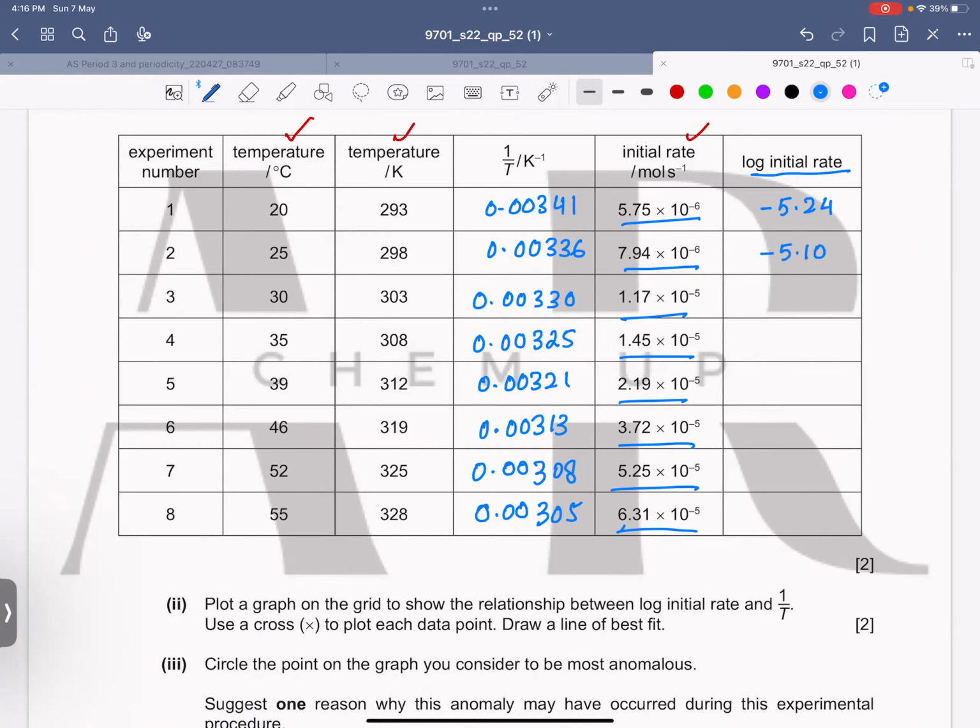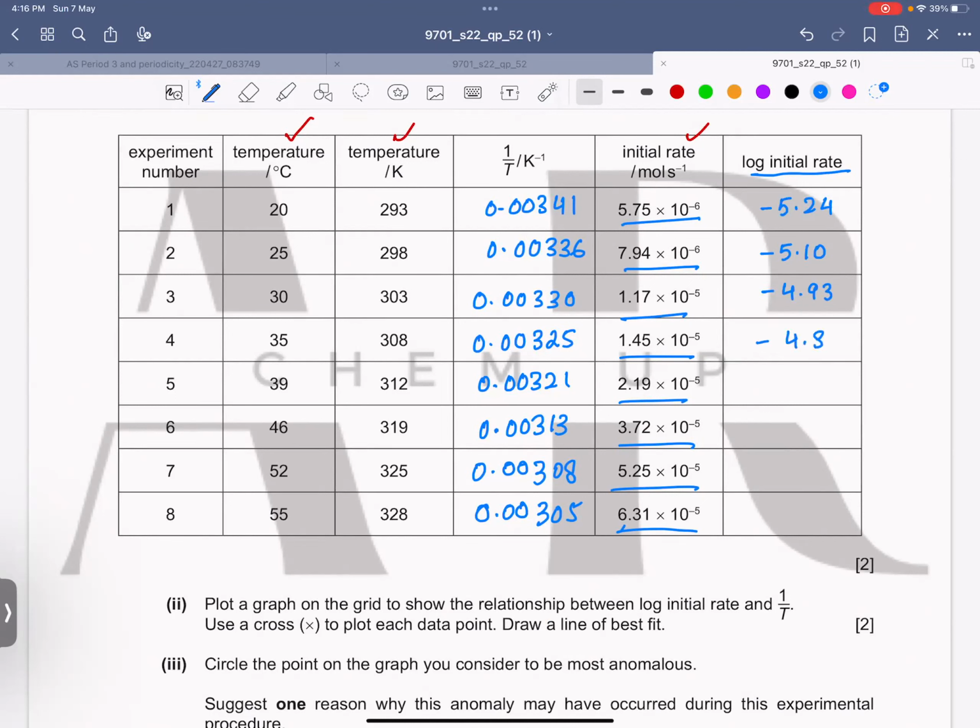Okay. Negative 4.93. Okay. Negative 4.84.